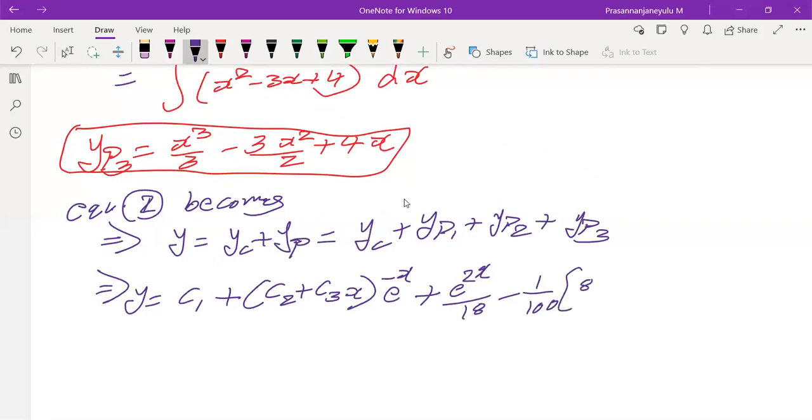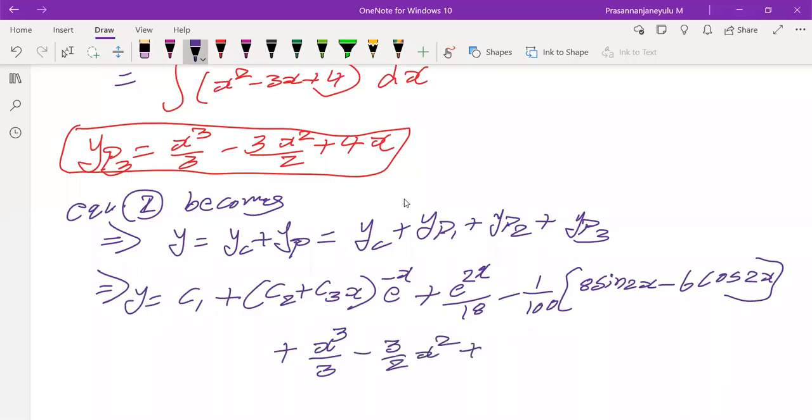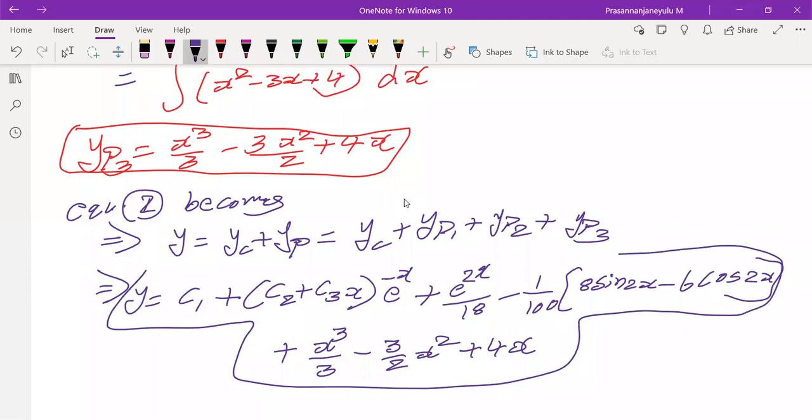Anybody can remember, 8 sine 2x minus 6 cos 2x. Plus yp3. yp3 we just now got as x cubed by 3 minus 3 by 2 x square plus 4x. So we got the solution of the given differential equation.